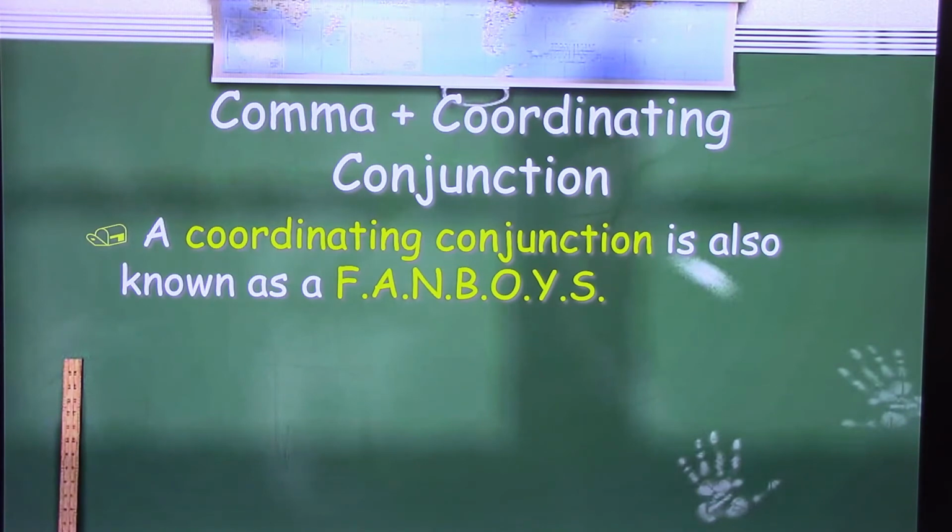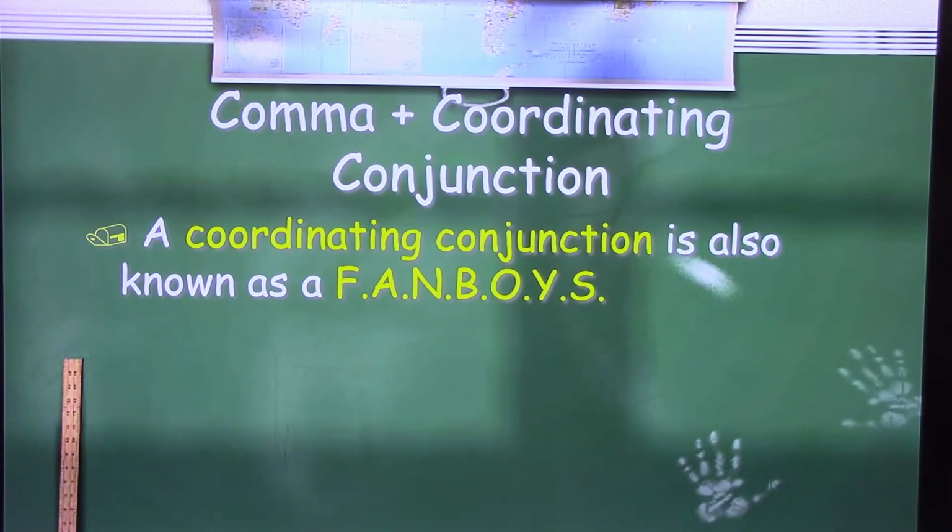A coordinating conjunction is also known as the fanboys. Remember the fanboys. This is a simple acronym that we may use so that we may not forget the coordinating conjunctions. Each letter of the alphabet has a meaning.